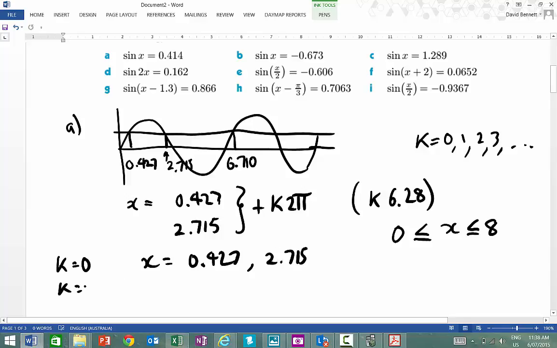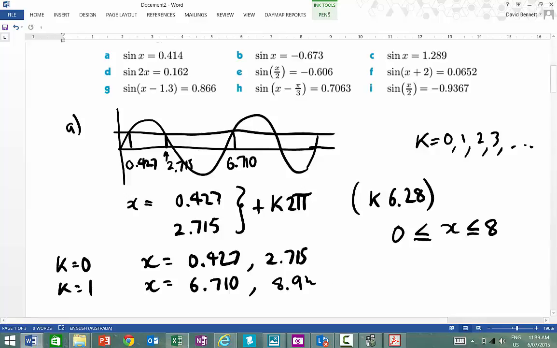When k is equal to 1, I'm going to add 6.28 onto that, so x is going to become 6.710. And if I'm adding 6.28 onto that again, it's going to become 8.9 something, so it's clearly going to be over 8.